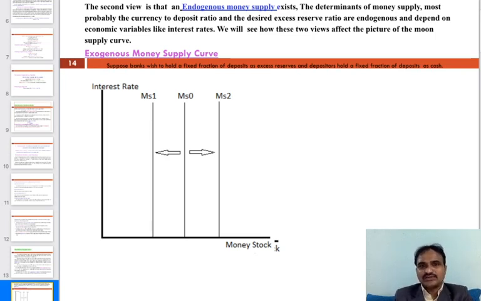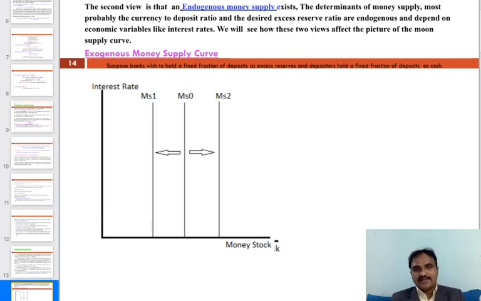So in this picture you can observe the exogenous money supply. MS0 is the initial level of the supply of money with the currency deposit ratio, required reserve ratio and so on.